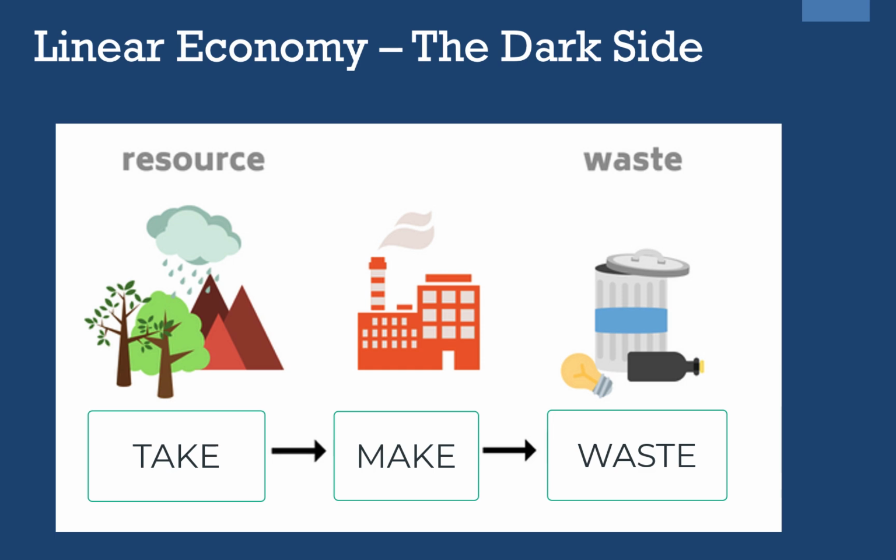For there are dangerous flaws inherent to consumerism. The key problem is that consumerism relies on what is referred to as the linear economy, known as take, make, and waste.